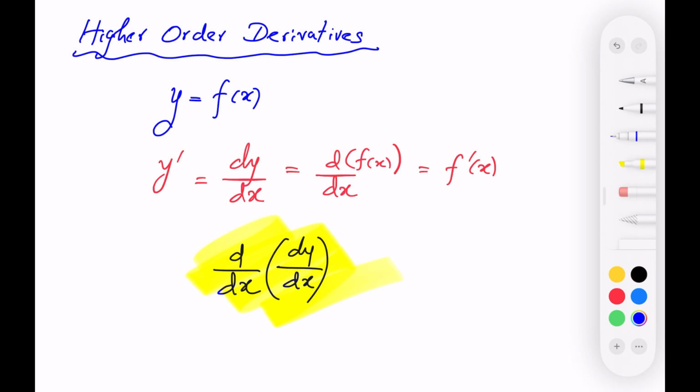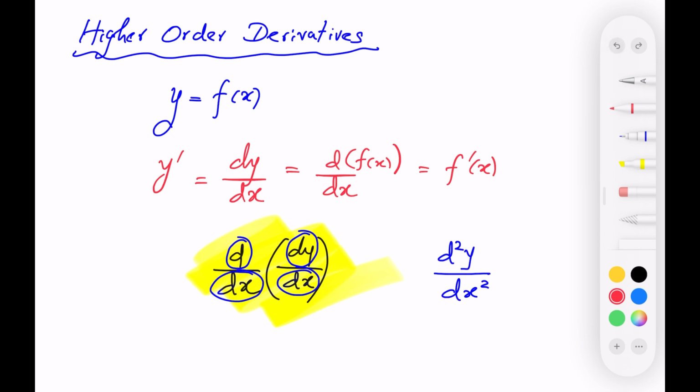Right here I have a d and it has to be multiplied by another dy. Therefore, that numerator can be written as d squared y. The denominator is dx times another dx, which can be written as dx squared. So, when you go for a second derivative of the function y, the standard way to write it is d squared y over dx squared.